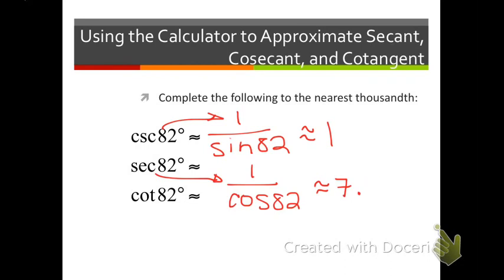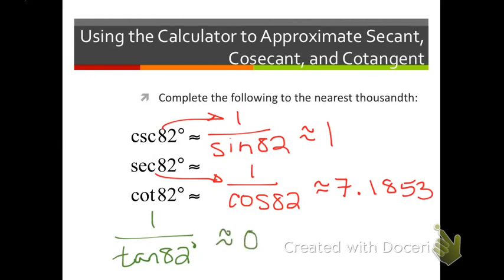I guess I should go out to 4 decimal places. 7.1853. And the last one with cotangent, that's the reciprocal of tangent, so 1 over tangent of 82. And that's approximately 0.1405. Hopefully your calculator's been in degrees this whole time so that you are getting correct answers.